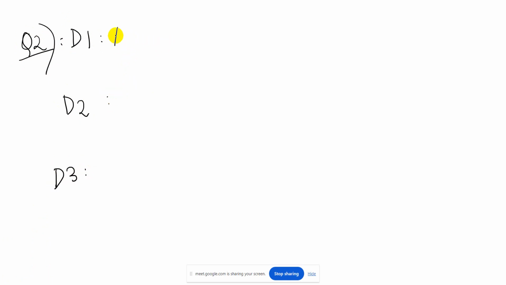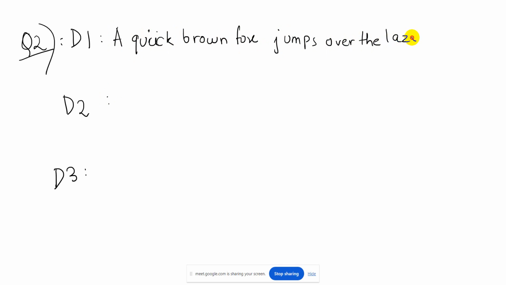The first document is: a quick brown fox jumps over the lazy dog. What a fox. This is your first document.